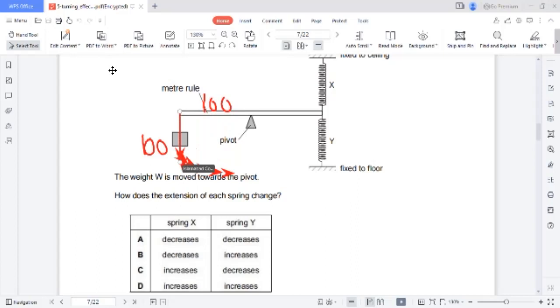So the anti-clockwise moment decreases by moving the weight to the right side. Similarly, this spring is pulling the rod, the meter rule, for clockwise movement.